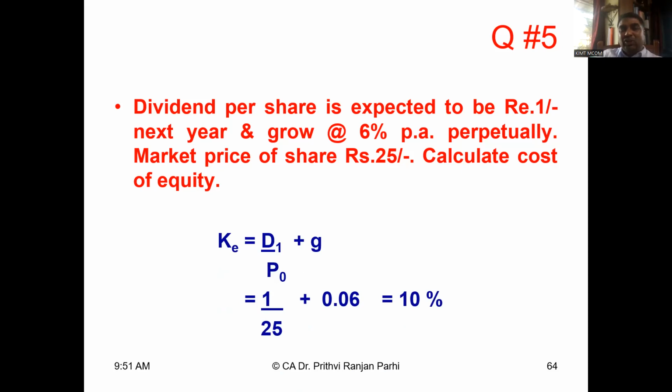Cost of equity is equal to D1 by P0 plus G. D1 is 1 rupee. Price today is 25 rupees. Growth is given in the question as 6%, which means 0.06. And it gives us the figure that the cost of equity is equal to 10%.